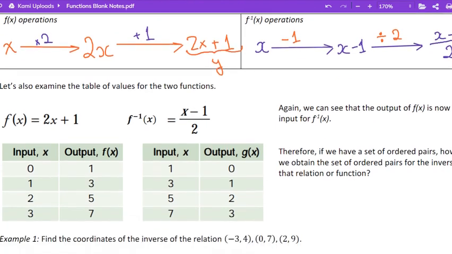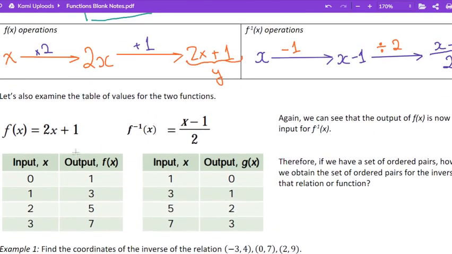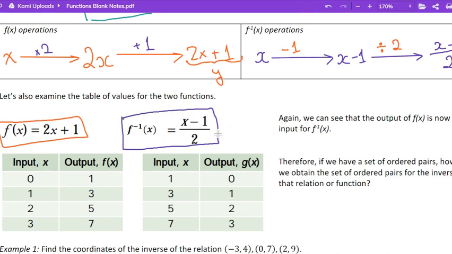Okay, and so what we're looking at is this. f of x, the function of x, I'll make it orange, is 2x plus 1. And the inverse function of x is x minus 1 divided by 2. Now, in each of these cases, the x's are actually going to be different.